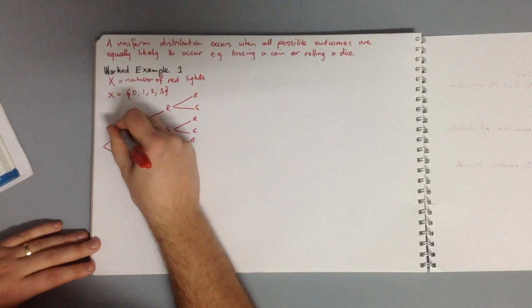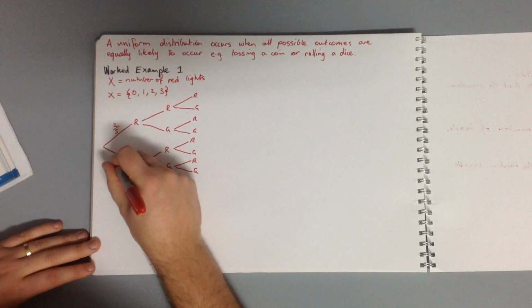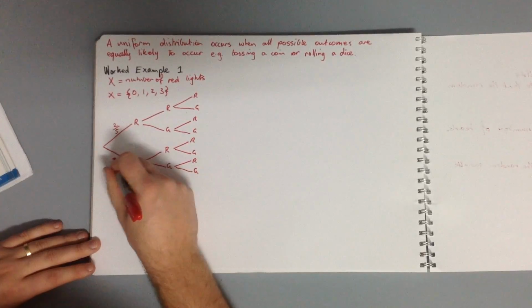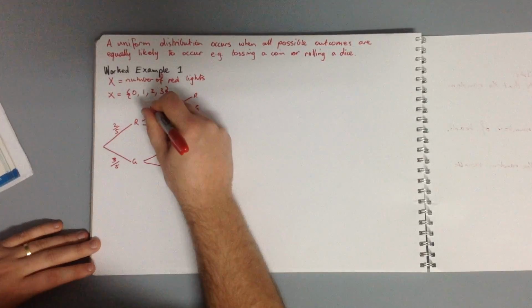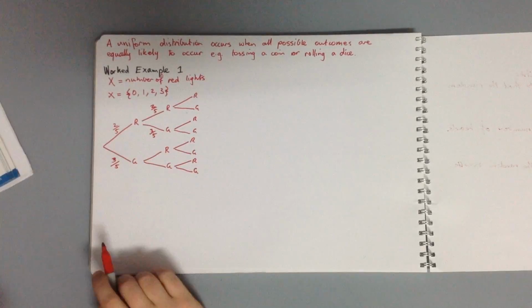And for all of these, the probability of getting a red light is 2 on 5, which means the probability of getting a green light is 3 on 5. And so forth. I won't worry about filling them all out.